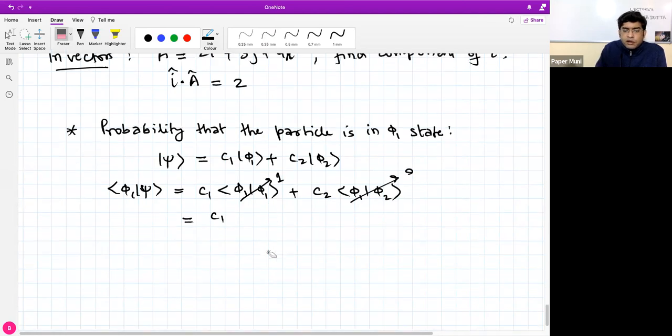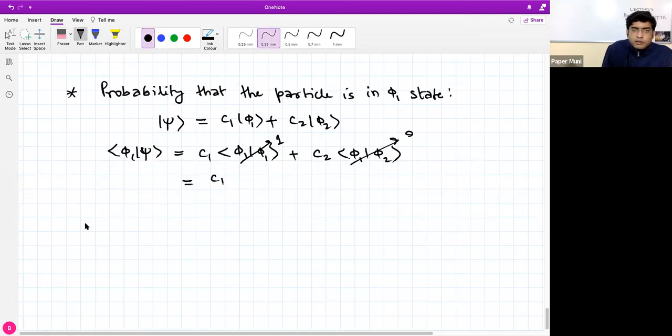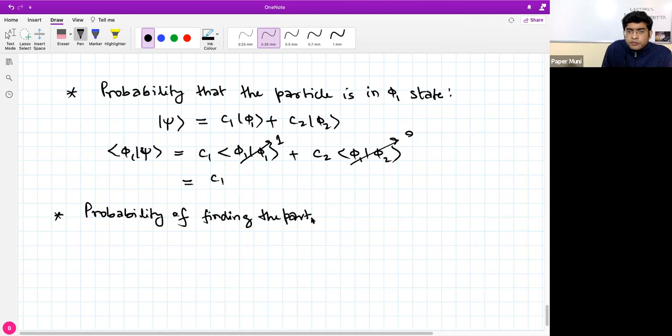All right, so we get C1. Now if you want to find the probability of finding the particle in the phi 1 state, it's simply C1 mod square.